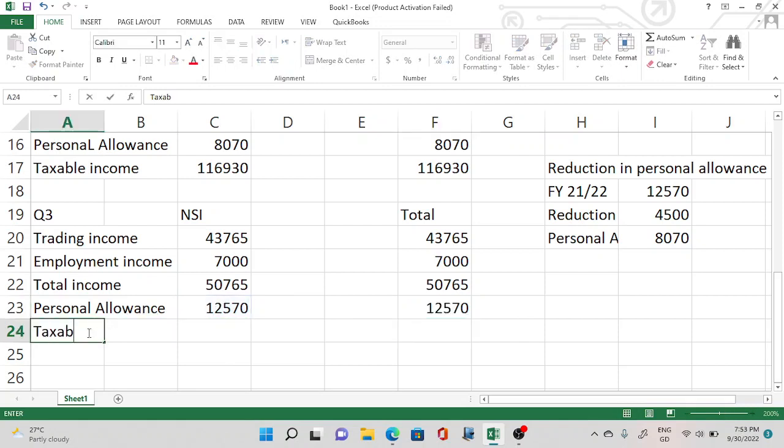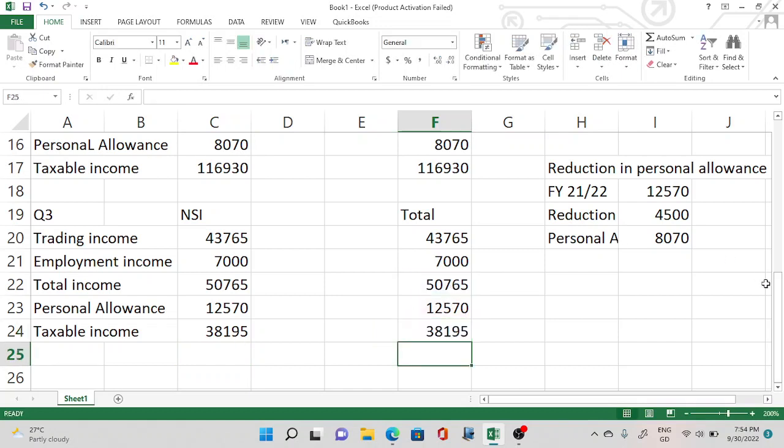Then you will have your taxable income. This chronology is really important, because in MCQs, if it asks you for the taxable income and you have found the income tax liability, there must be some option that the examiner would give to confuse you. So do not get confused by that.